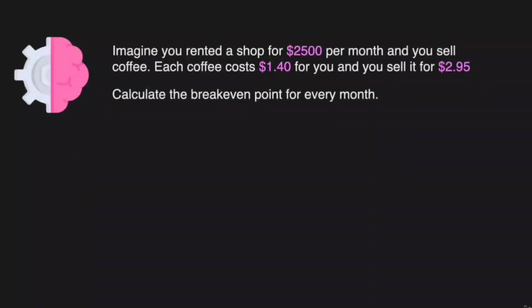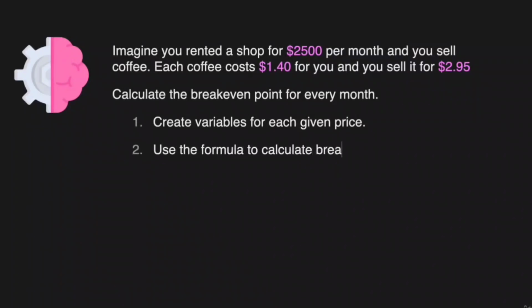The steps are: create variables for each given price, for example, $2,500, $1.40, $2.95. Create variables for each of them, and then use the formula to calculate the break-even point, and finally print the result using f-string like the example that we have below.